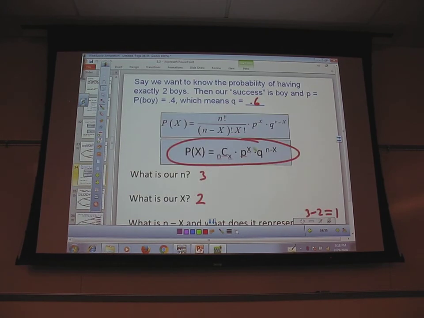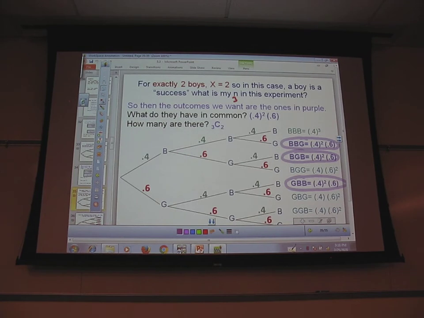The little p to the x, this is my little p to the x, right there. Little p is 0.4. How many boys do I have? 2.